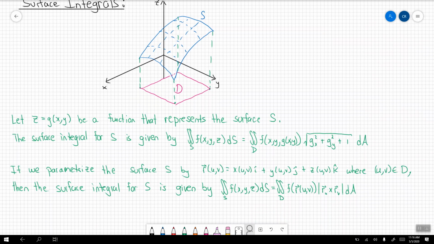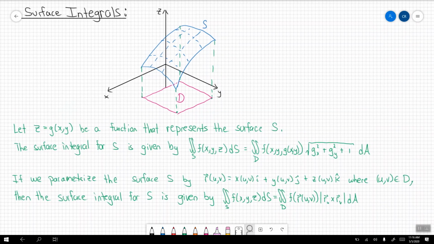Now, we did go through the parametrization of surfaces, and it says that if we have a surface given in R^3, then we can parametrize it using two different variables. We'll call them u and v. And that's going to be the second definition that I have below here. If we choose a parametrization for the surface using vector notation, where u and v exist in some domain, then the surface integral looks very similar to what we had up here.